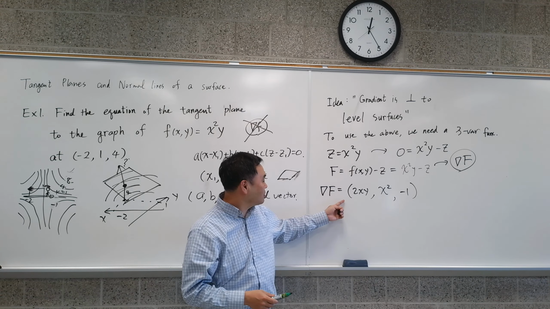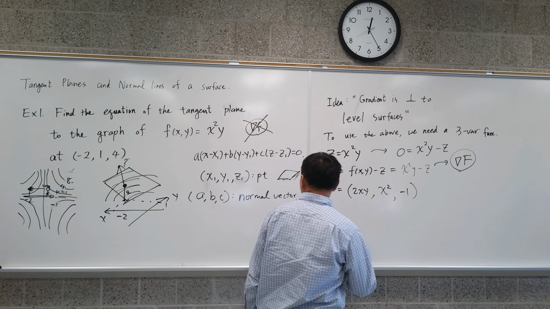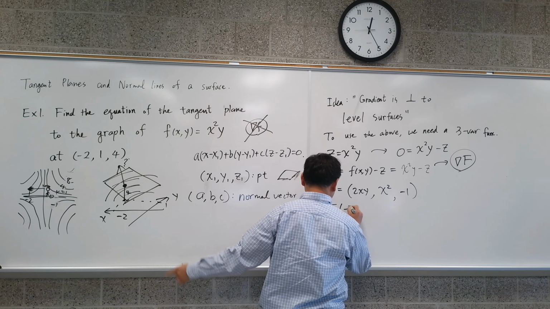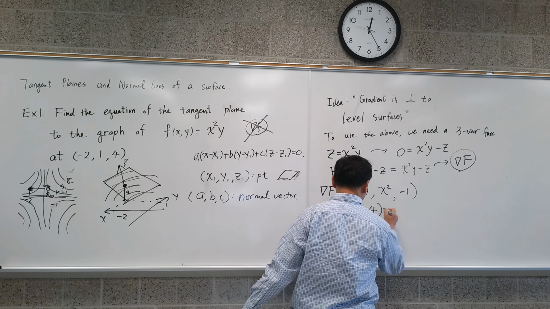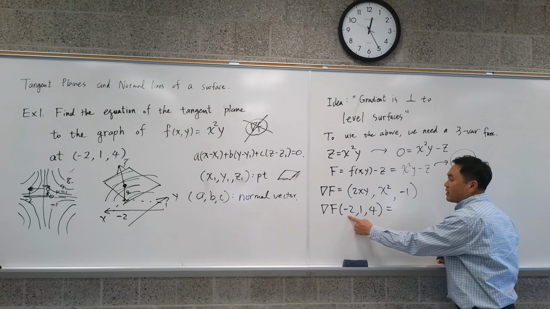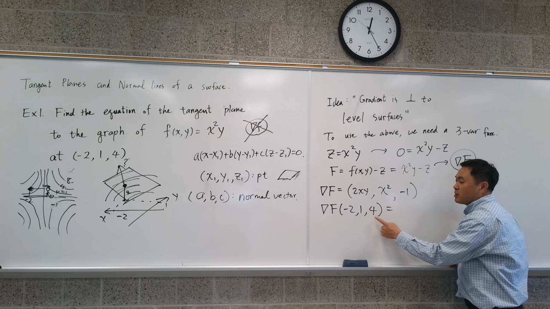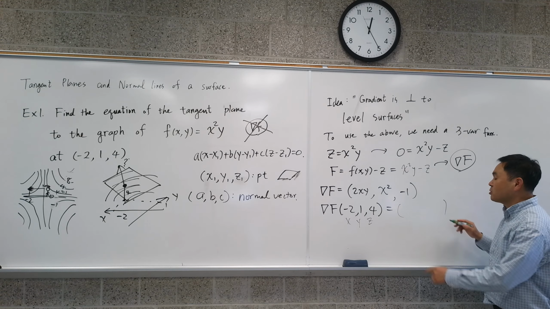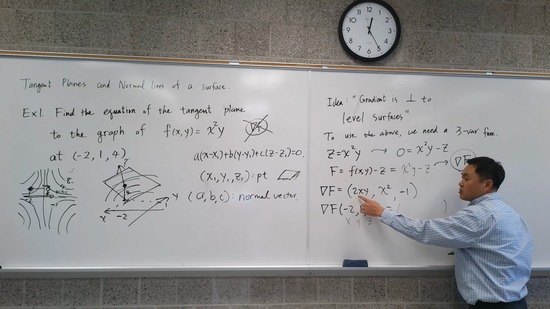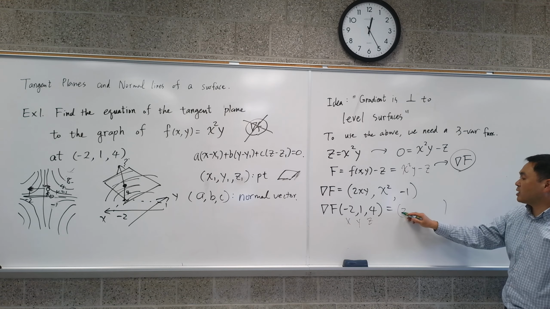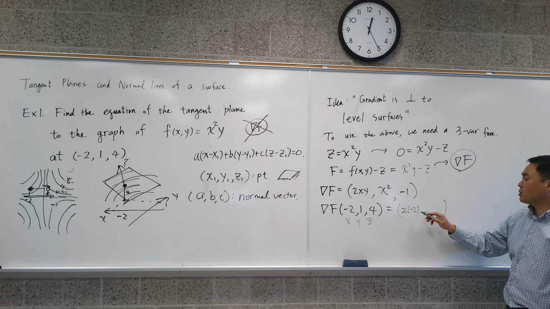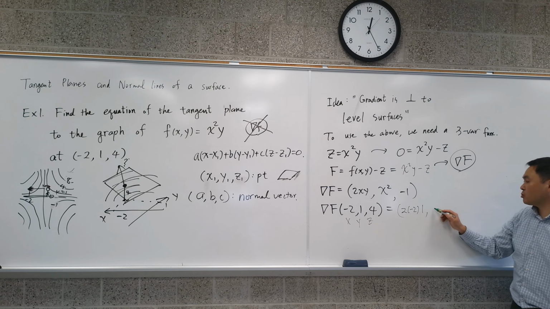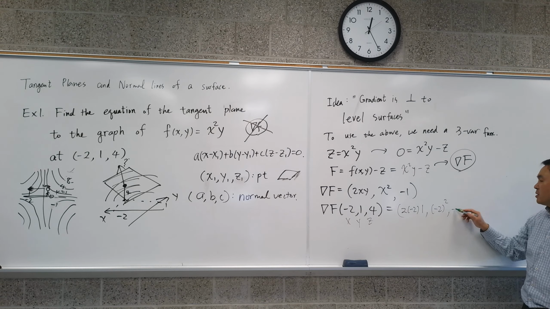All right, so this is what you have, but we're not done yet because we need the gradient of F at this point, (-2, 1, 4). So that means x is -2, y is 1, and z is 4. So we have to plug in those values. So 2 times x is -2, so 2 times -2 times y is 1, and then -2 squared, and -1.